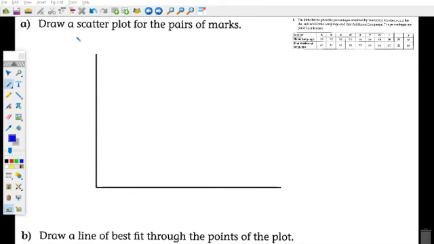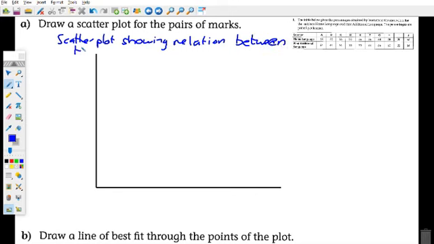Okay, so what is my heading going to be? It's a scatter plot showing the relationship between home language and first additional language.